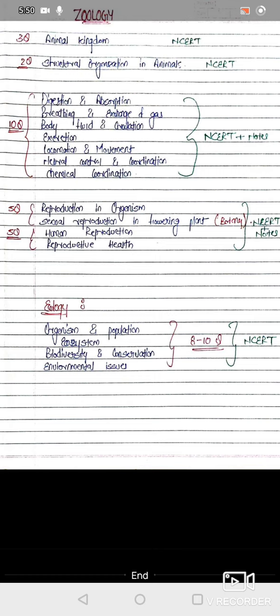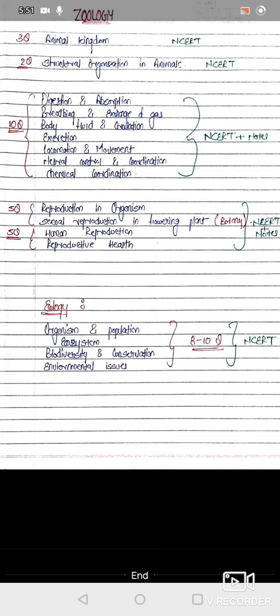It is one of the easiest units in NCERT. They have mainly asked from NCERT, but you can refer class notes since it involves human physio also, animal physio also. So you should refer class notes, and it's quite easy.